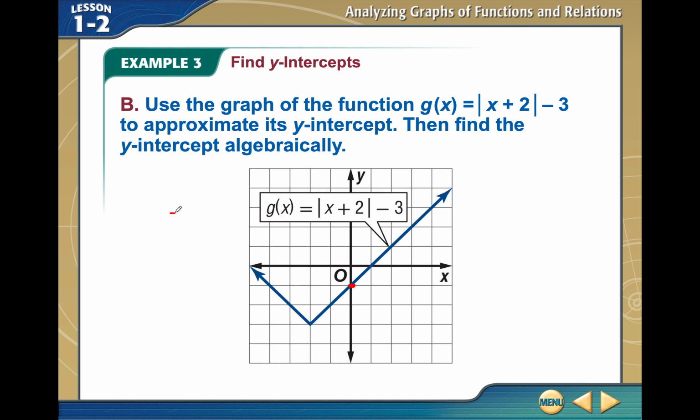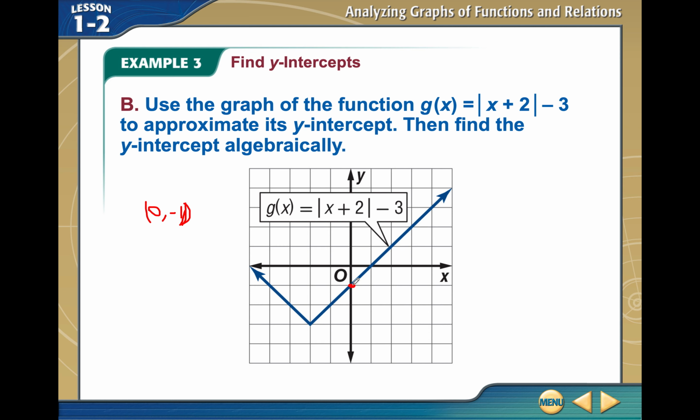As a point, we could write it as 0, -1. This is the point on the graph, 0, -1, which is the y-intercept.